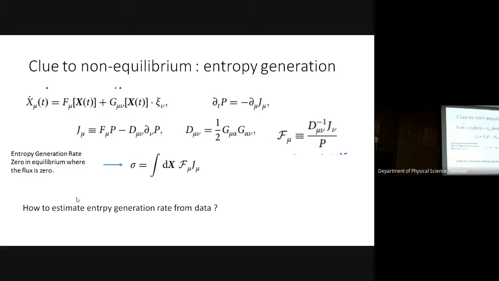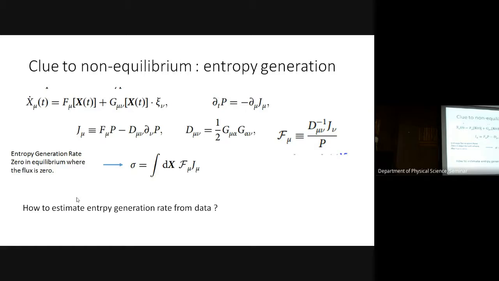And the entropy generation rate is the product of this force, this script F, multiplied by the current J. Equilibrium is defined by the flux being 0. Okay. The definition of equilibrium from the Fokker-Planck is that this flux is 0. So if it is 0, your entropy generation rate is also 0.